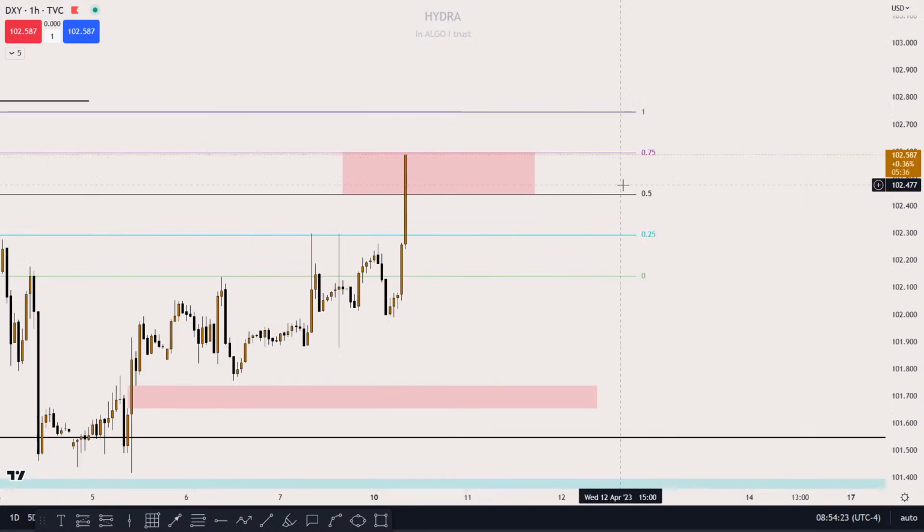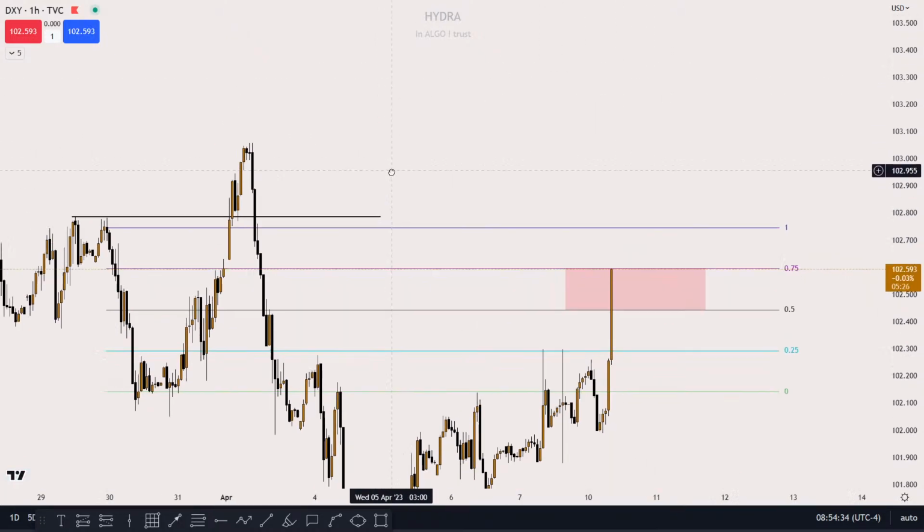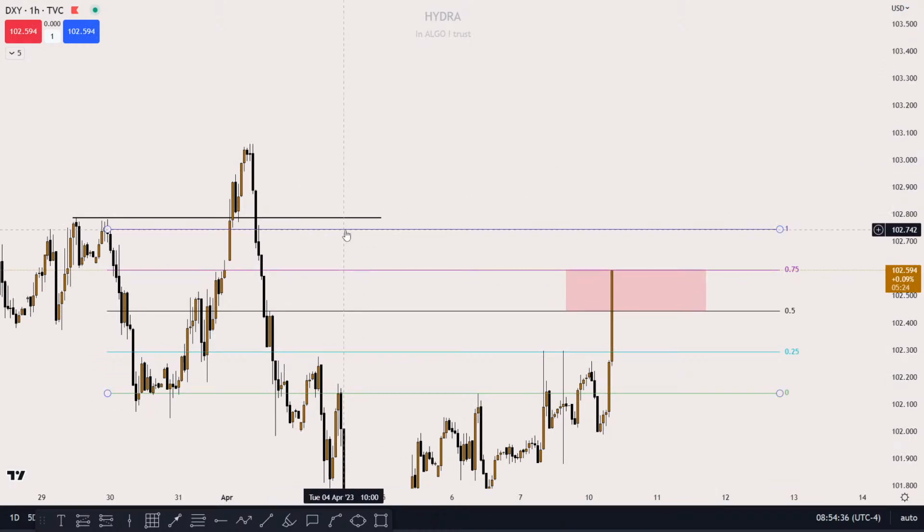Do you see any rejection in price in between these two zones? No. So what does it indicate to us? Is it a sign for price to remain heavy on the buy side? Yes. So what can we target on the buy side?